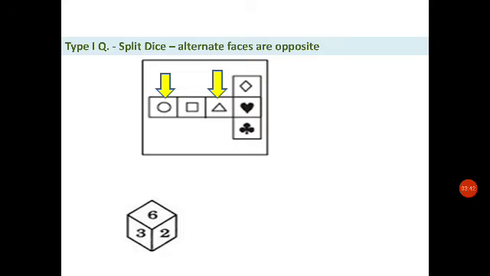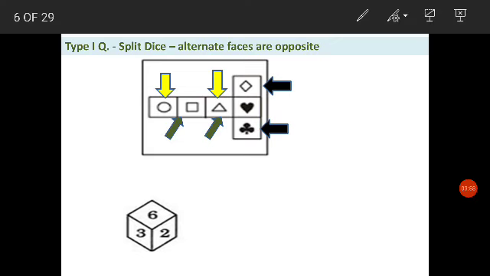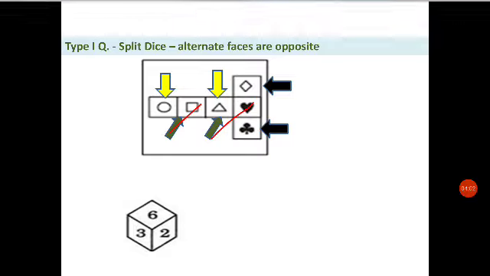Like in this case, this round and triangle are opposite faces. Similarly, this diamond and club are opposite. And similarly, this square and heart shape are also opposite.